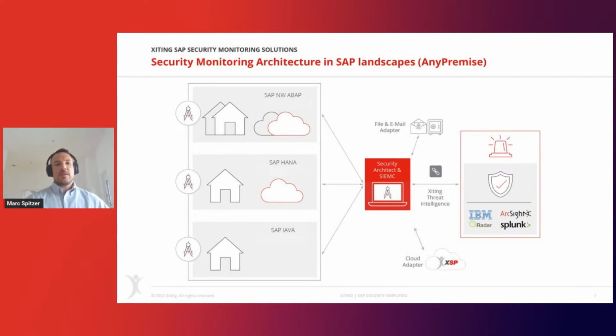And of course, one of the main ways is to connect a security operations center. This is most of the time done via a so-called SIEM system. So you would connect your SIEM system. We connect all kinds of SIEM systems, so we don't have any restrictions there. This can be done by syslog, for example.